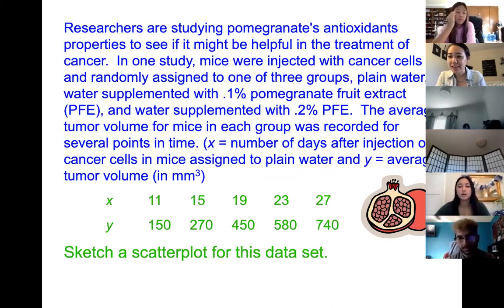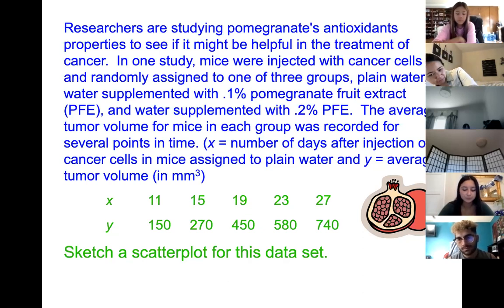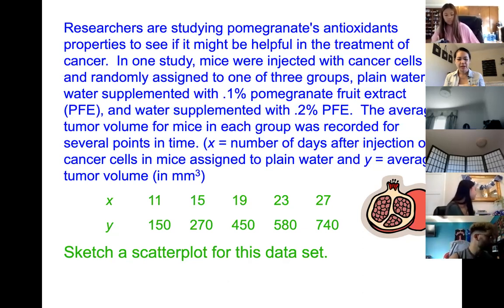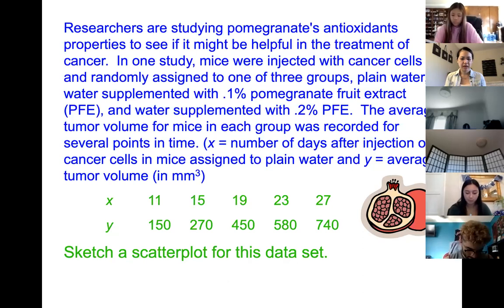So X is the number of days after the injection, and Y is the average tumor value. Go ahead and practice right now with your calculators to make a scatter plot. Okay, so practice. And let's see if we get the same scatter plot.